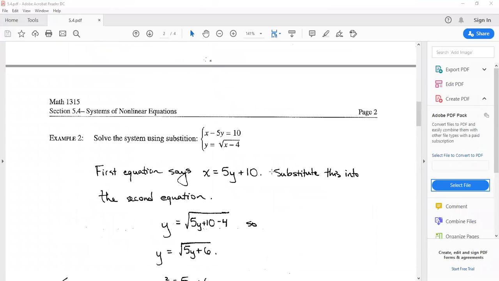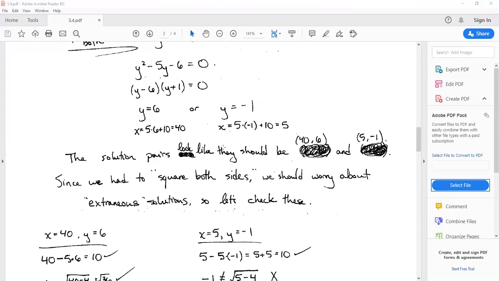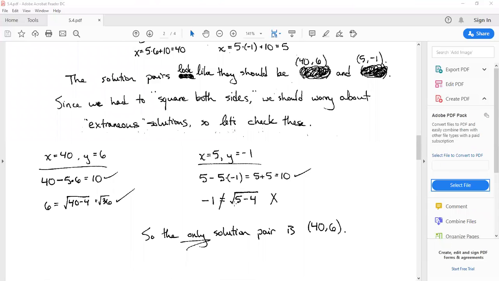But then the second equation becomes minus 1 equals the square root of 5 minus 4. Well, the square root of 5 minus 4 is the square root of 1, and that's 1. And 1 does not equal minus 1.